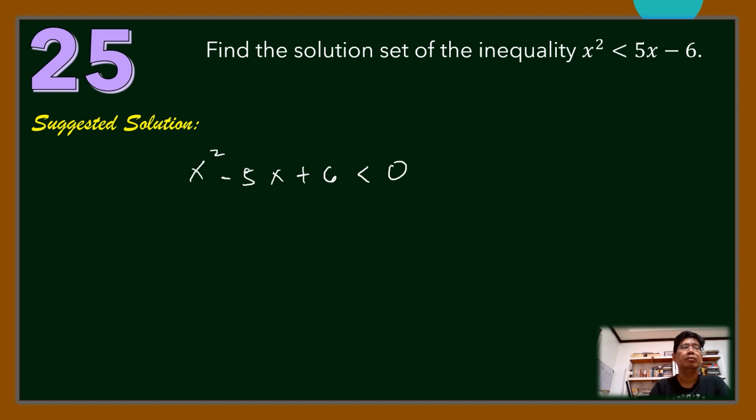Factoring the trinomial on the left-hand side of the inequality, we have x minus 2 times x minus 3, then this is less than 0. The smaller root on the left-hand side is 2, and the bigger root is 3. Therefore, for this inequality, x is in the interval 2, 3.